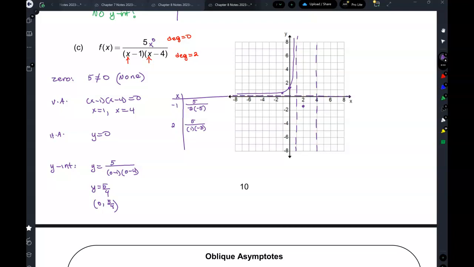Is it here? Now, does this cross the x-axis? No, it does not cross the x-axis.